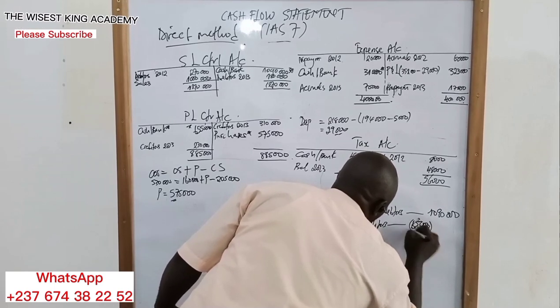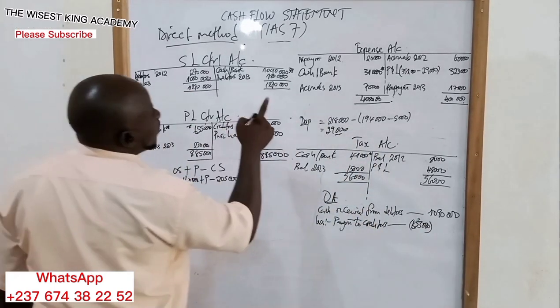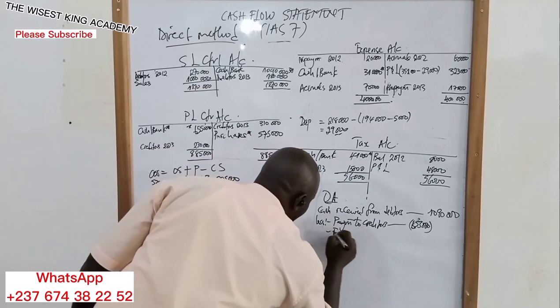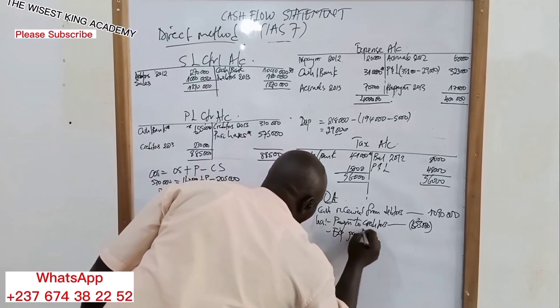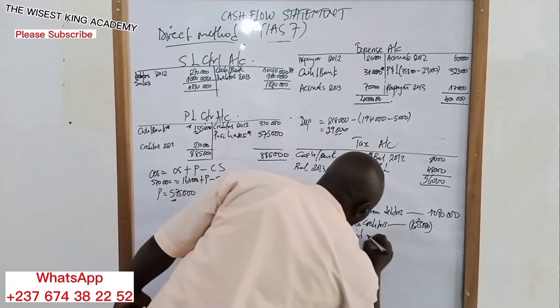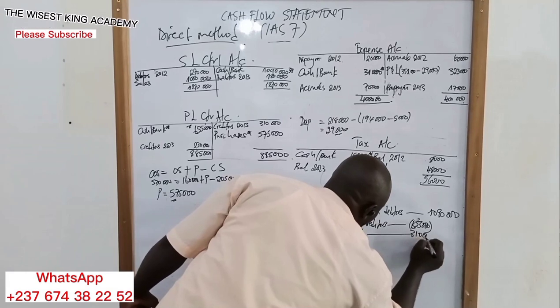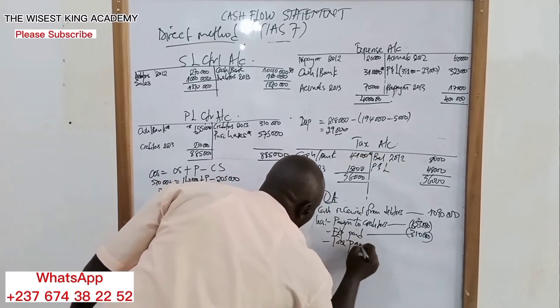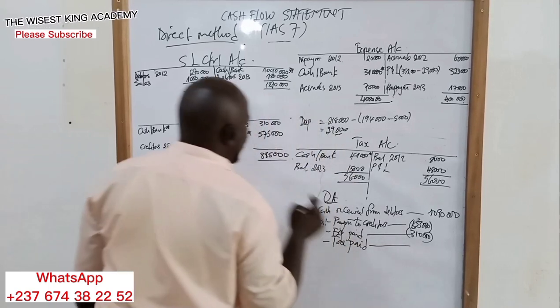How much did we pay for expenses? We paid 310,000. And the tax that was paid during the period was 41,000.